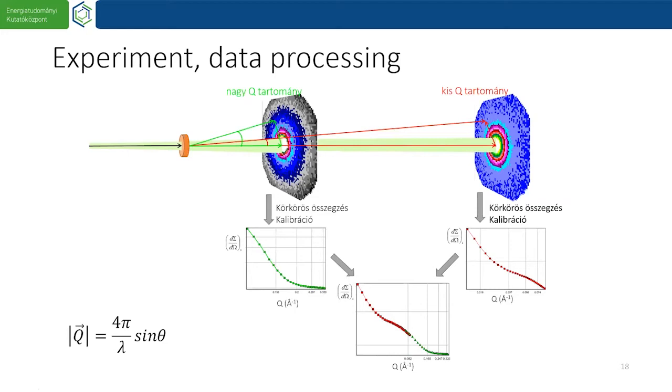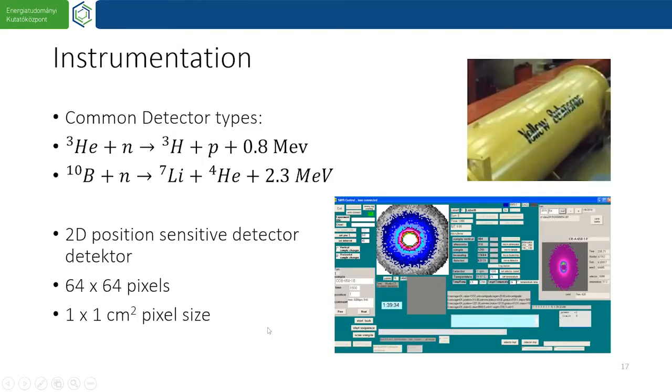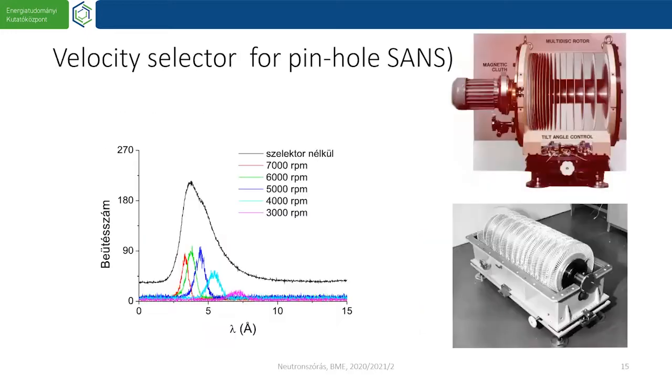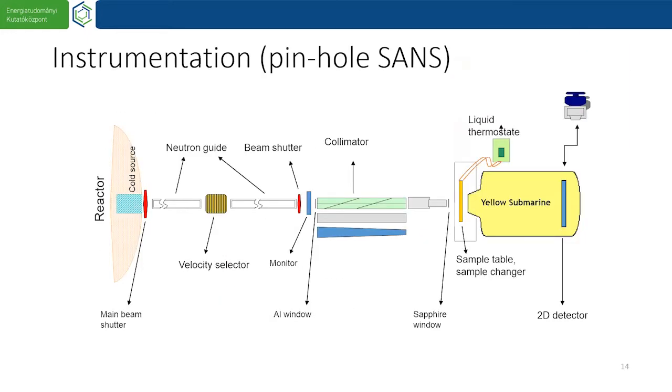So the general scheme of the experiment: I forgot to explain why we have this very long evacuated neutron guide. Let's come to the previous picture. This two-dimensional area detector can move inside this yellow tank.